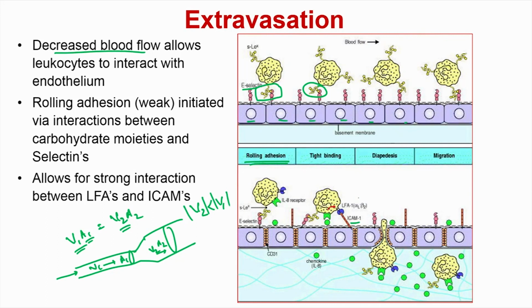Once enough bonds are formed, you get a conformation like this, and here are some more adhesion molecules that are listed here. Once you get a conformation like this, then this cell can start to come out from this blood vessel, and this is what is being shown here. This causes the secretion of some enzymes and then squeezing through this particular leaky vessel that is created because of inflammation.